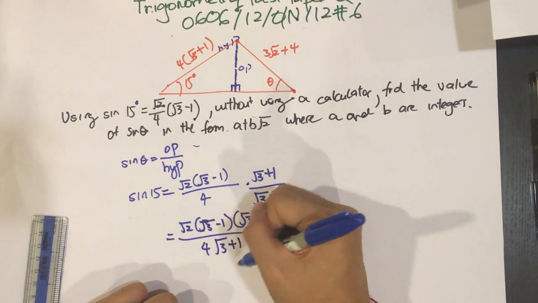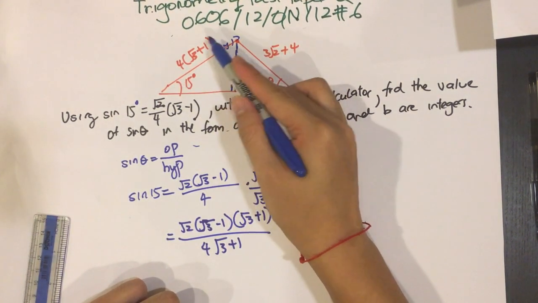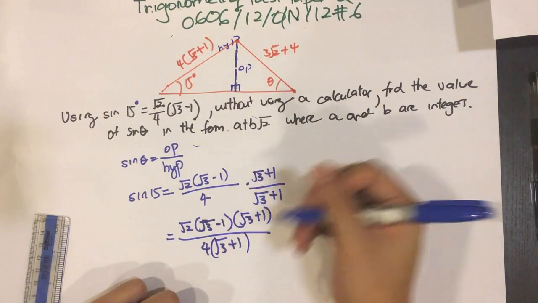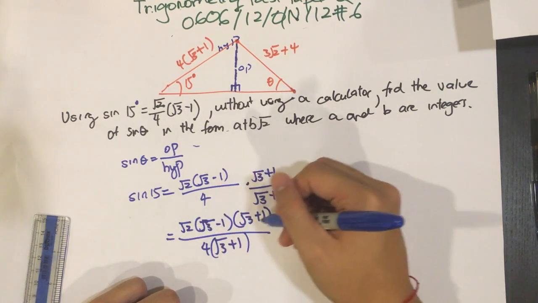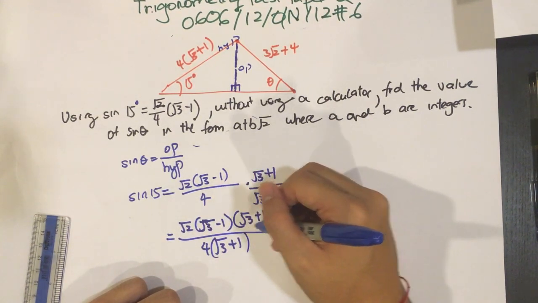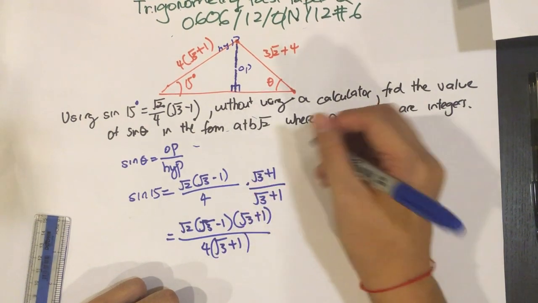Now, as you can see, the hypotenuse is equivalent to the magnitude observed here, which is 4 root 3 plus 1. So this value will be the exact value for our hypotenuse, rather than just a scalar multiple of it.